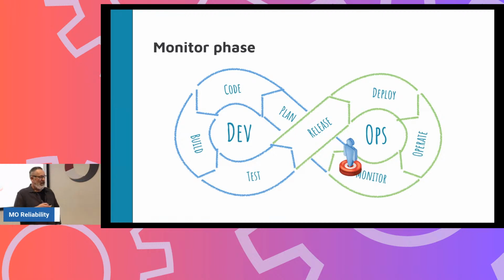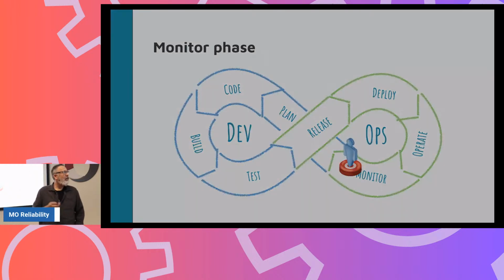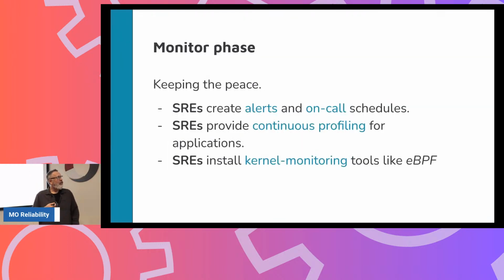Okay. And the monitoring phase, which of course is the SREs again, creating their alerts, maintaining the on-call schedules, watching continuous profiling, holding developers' feet to the fire if there's a second level issue that they need to look into. They're going to maintain who is the owner of certain applications, and then who to contact if it needs to go to the next level of support.